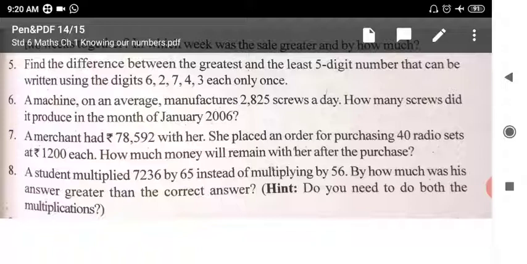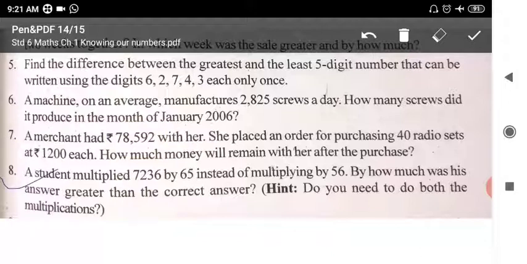So we are not doing that, just see what is there and then we are moving to the next question. Question number 7, merchant had rupees 78,592 with her. She placed, that we have already done.